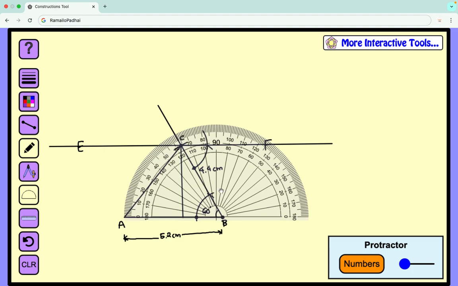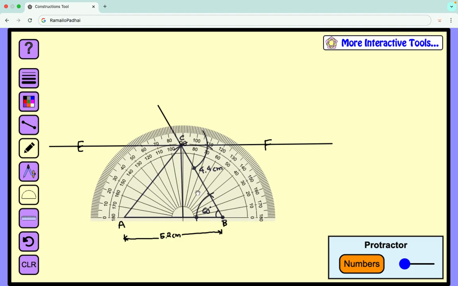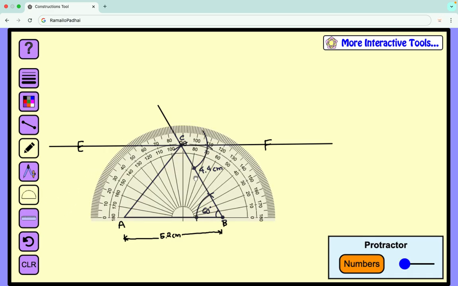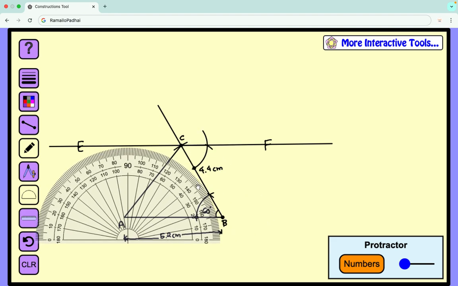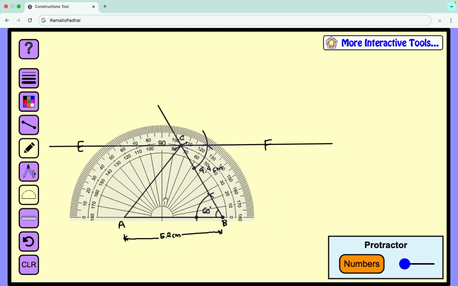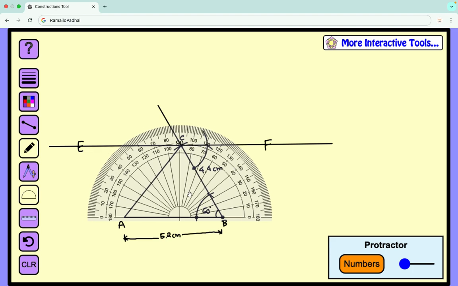Look, this is somewhat close to 90 degree. Oh, I made a mistake here. Okay, can we redo this? Yeah, okay, we will do this. So what we need to do is now use protractor, because the line made by that is not that accurate.